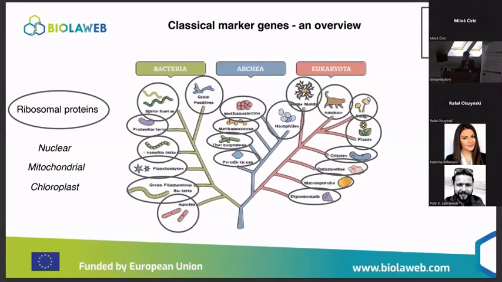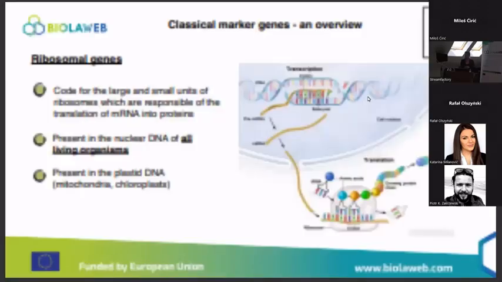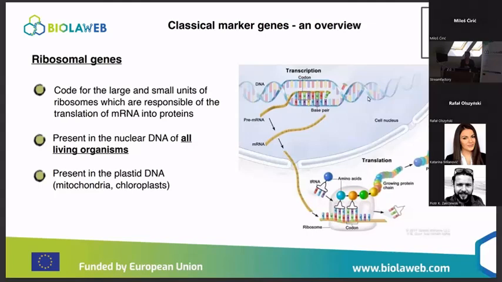So famous and important marker genes are the genes coding for ribosomal proteins. They can theoretically investigate the global diversity in the tree of life. So the ribosomal genes code for the large and small ribosomes, which are responsible for translating RNA to proteins, as Agnès explained earlier.